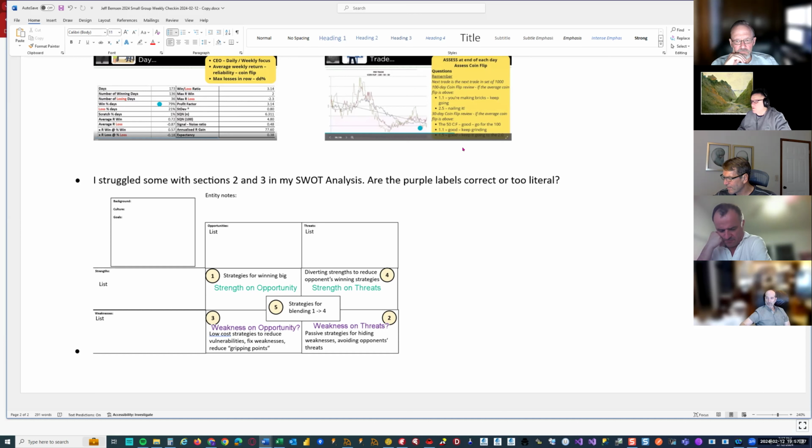So that would be an example of a low cost strategy to improve a weakness and or eliminate a gripping point that a threat could take advantage of. Sometimes in category 2, I have a particular self-assessed weakness and the environment is representing a significant threat to me, like the threat of pre-market trading.